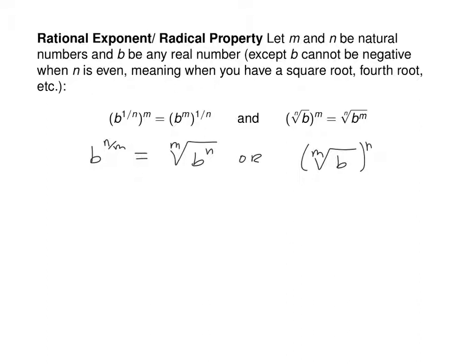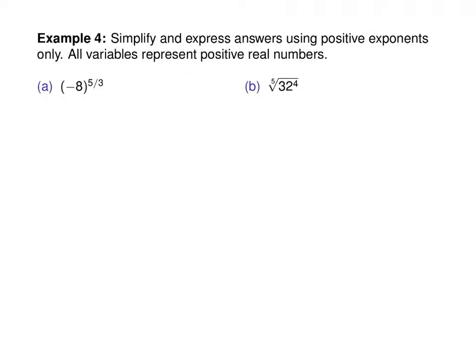So I think this will make more sense with numbers. So let's do example A and example B, and let's see if they make sense. So with -8 to the 5/3, you have two options. You can either do -8 to the 5th, and then you can third root it, or you can do the third root of -8 and then 5th power. They're going to give you the same solution, but one of them is a lot harder without a calculator.